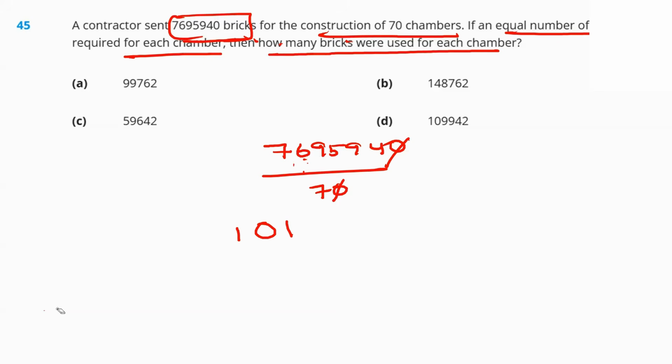If we take 63 over here, 6 is left. It becomes 65. Again, 7 9 times is 63. 2 left. 9 gets added. It becomes 29. 7 4s are 28. 1 left. 14. 7 2s are 14. So 109942. Option D is the answer.